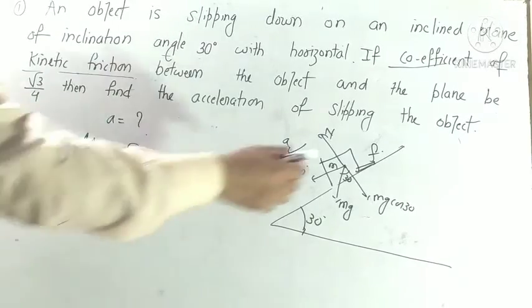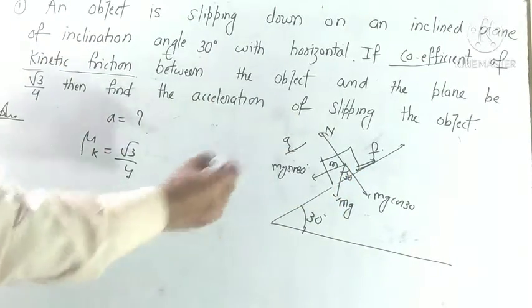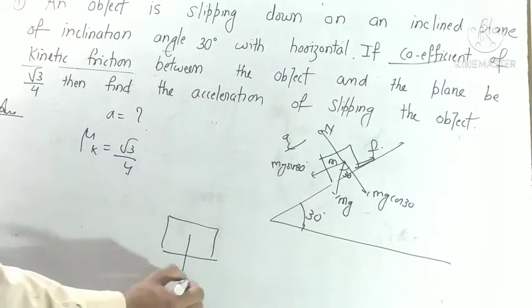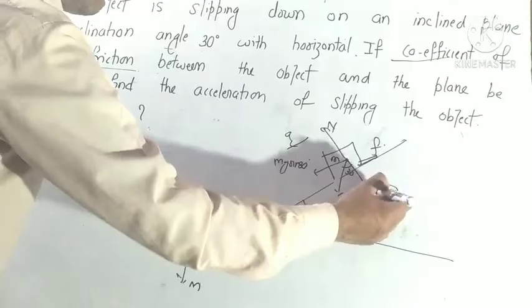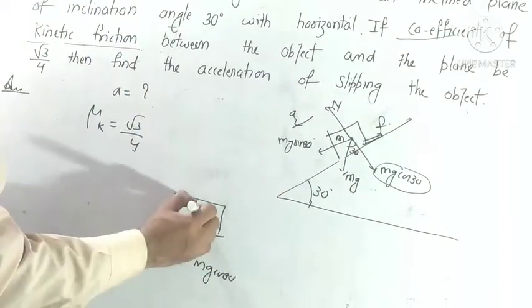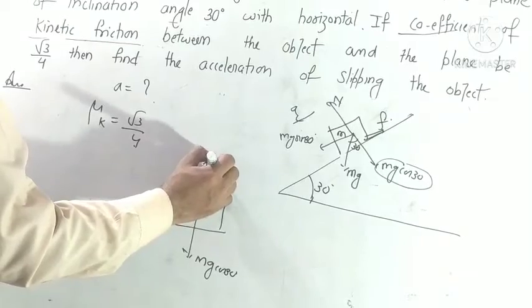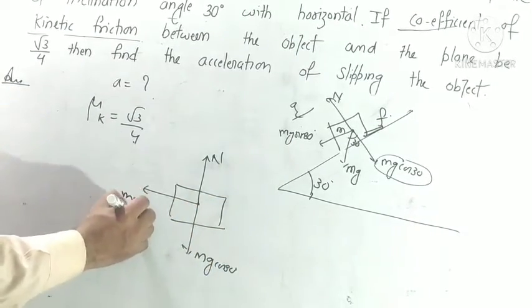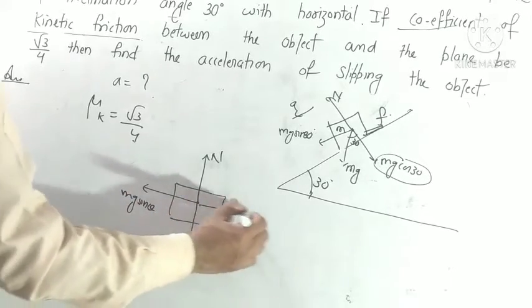Now we see the free body diagram of this body. The weight of this body works vertically downward, but we take its components mg cos 30 and mg sin theta, and the normal force works upward, that is N, and here the frictional force.